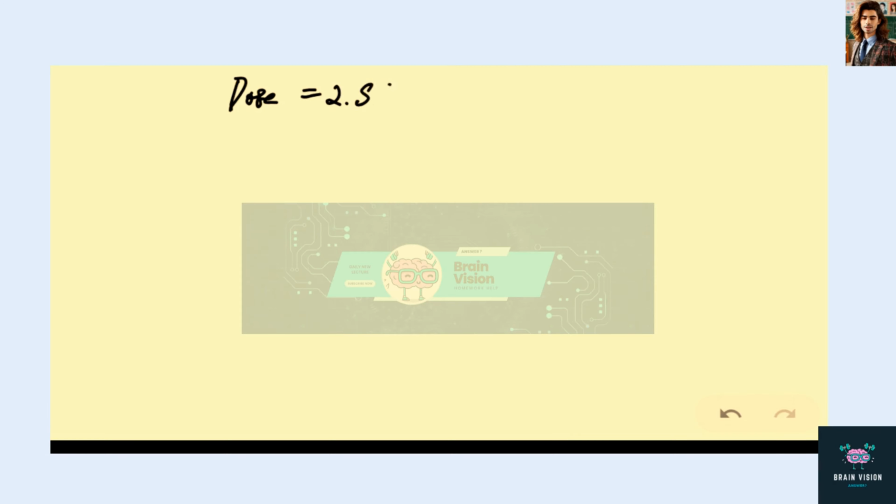So we are given a dose of 2.5 grays that is being absorbed by a 65 kilogram adult. Now we know that dose is defined as joules per kilogram in terms of the unit gray. So in order to find the total energy, we just multiply by the mass in kilograms.